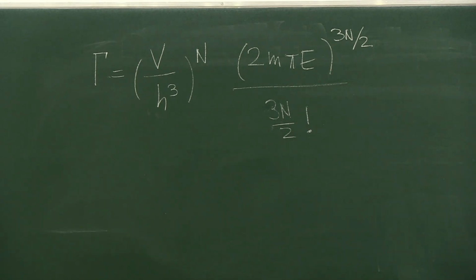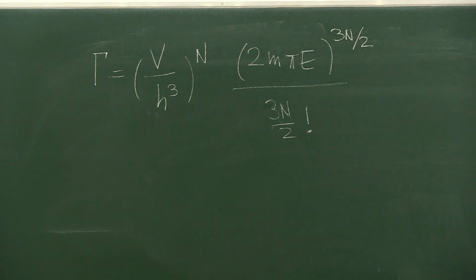We found the total number of microstates available to our system of classical gas of n particles. Is this okay? Do we have any problems, questions?